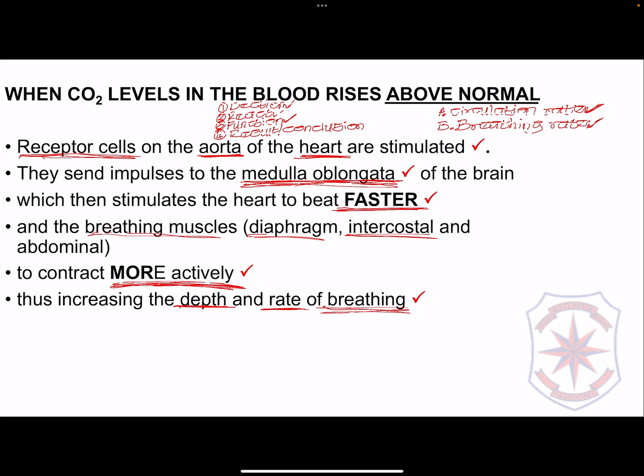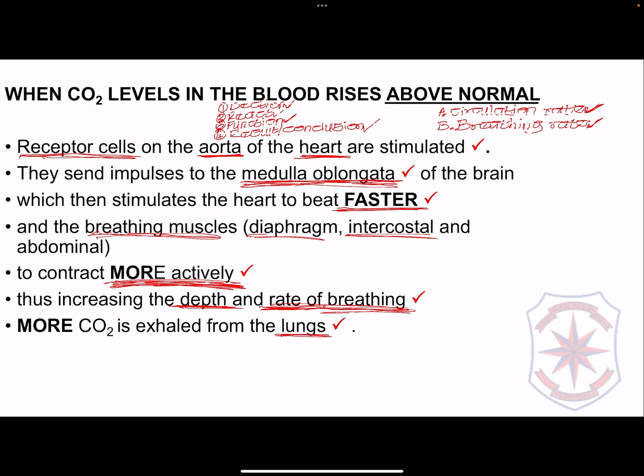So the impulse will be sent to the breathing muscles to do what? To contract more actively, which will increase the depth and the rate of breathing. And then the conclusion will be that more CO2 is exhaled from the lungs.